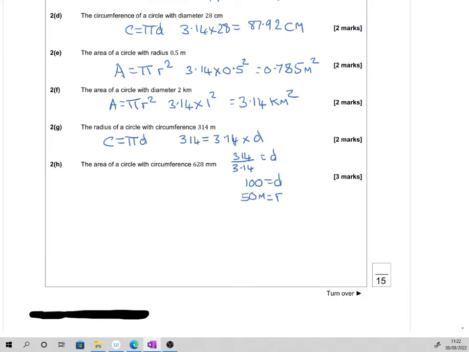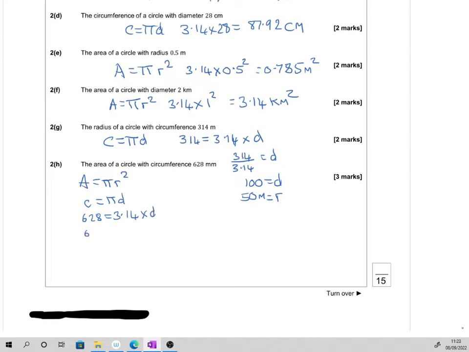The area of a circle with a circumference of 628. So the area equals pi r squared. Oh, circumference. So we've got to work out the radius first, haven't we? Circumference equals pi d. So 628 equals 3.14 times d.